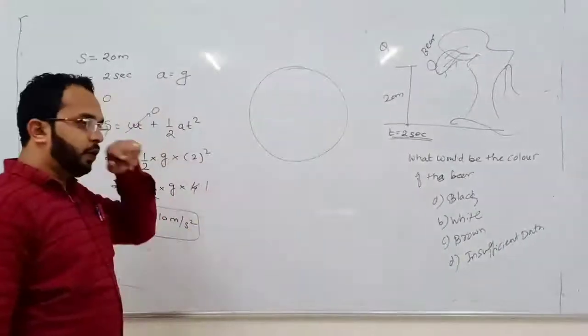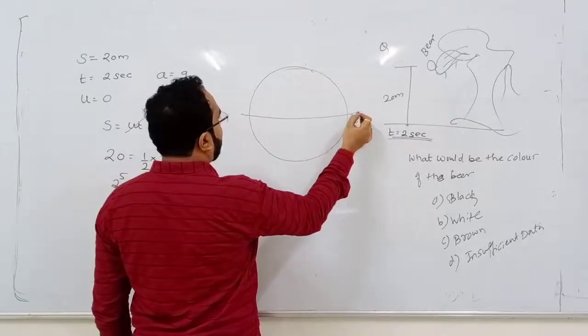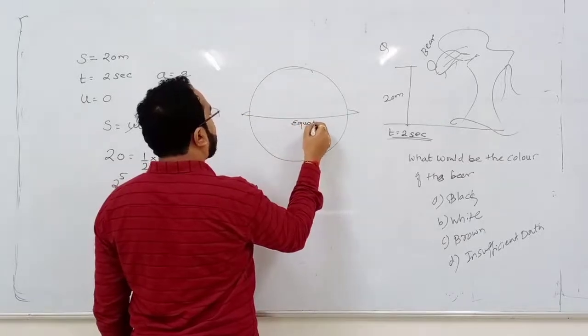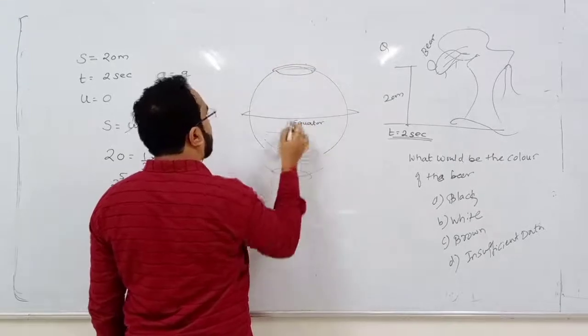Now if you think of the geography, अपन geography चा विचार करूया थोडासा. This is equatorial, tropical region, equator. This is polar region, poles.